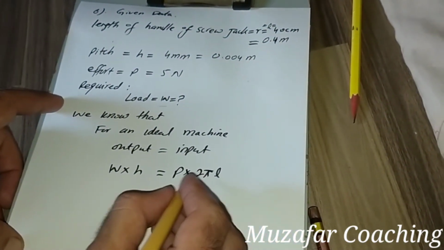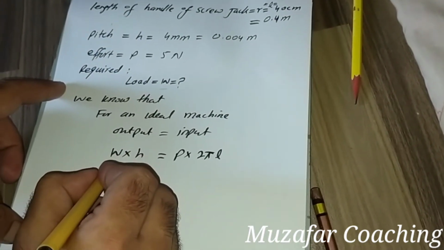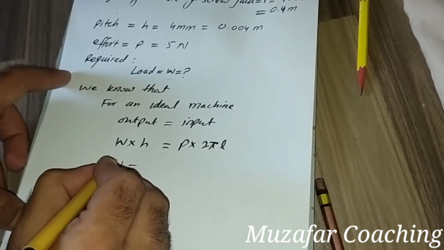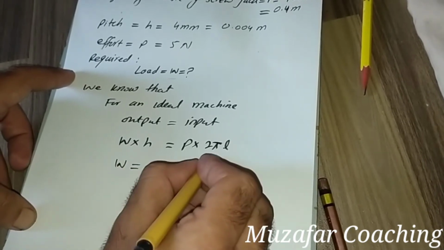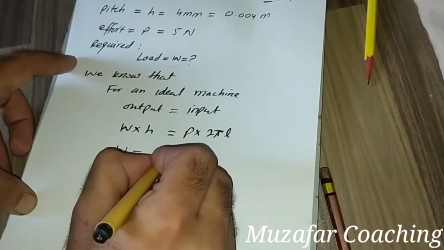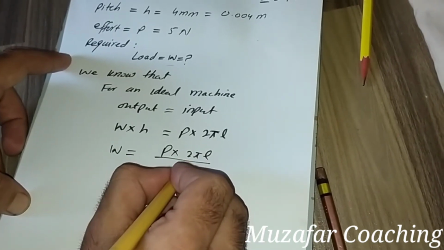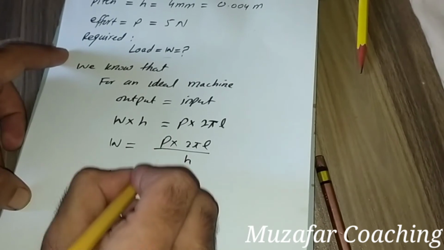So now we will be putting the values. We are supposed to find W, so we will keep W over here. H is multiplying here, so when we take it to the right hand side, it will divide the whole term. So now we have to put the values.